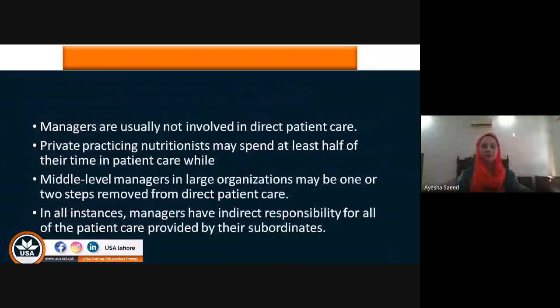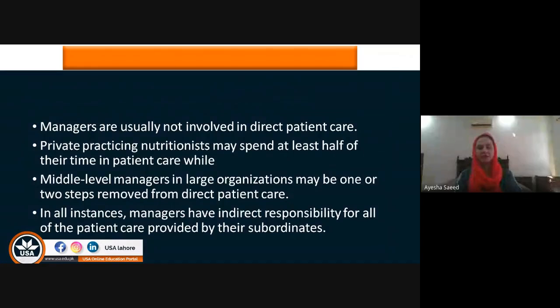Managers are usually not, this is an introduction, usually not involved in the direct patient care. Private practicing nutritionists may spend at least half of their time in patient care, while mid-level managers in large organizations may be one or two steps removed from direct patient care. So, therefore, the healthcare managers have little or no contribution in the direct patient care.